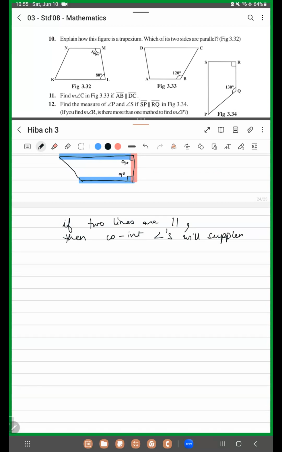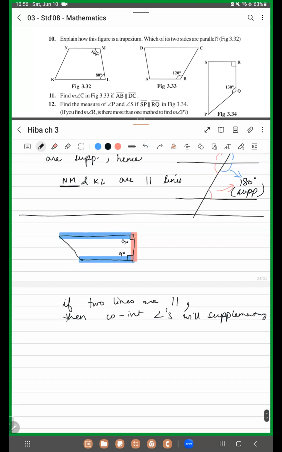Yes. Now, अब इसका converse, इसका उल्टा is also true, which is if co-interior angles are supplementary, then the two lines will be parallel. Getting it? Yeah. तो वही हुआ है यहाँ पे कि if these co-interior angles are supplementary, then these two lines are going to be parallel. Got it?